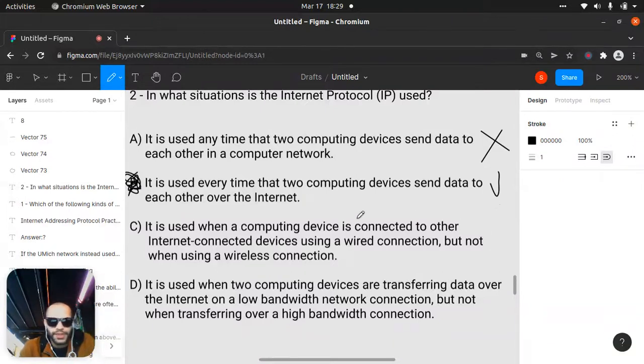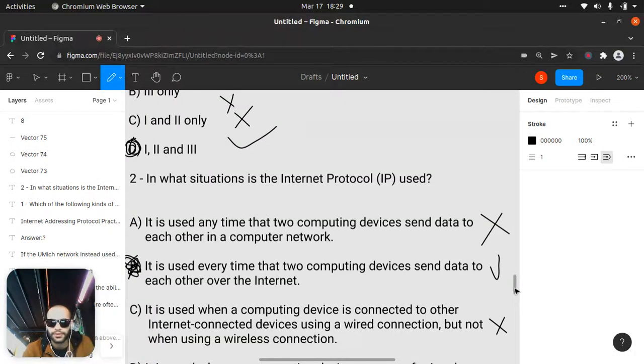It is used when a computing device is connected to another internet-connected device using a wired connection, but not when using a wireless connection. It's not true. It can be everything. It is used when two computing devices are transferring data over a low bandwidth network connection, but not over a high bandwidth connection. It's not true, I don't believe.